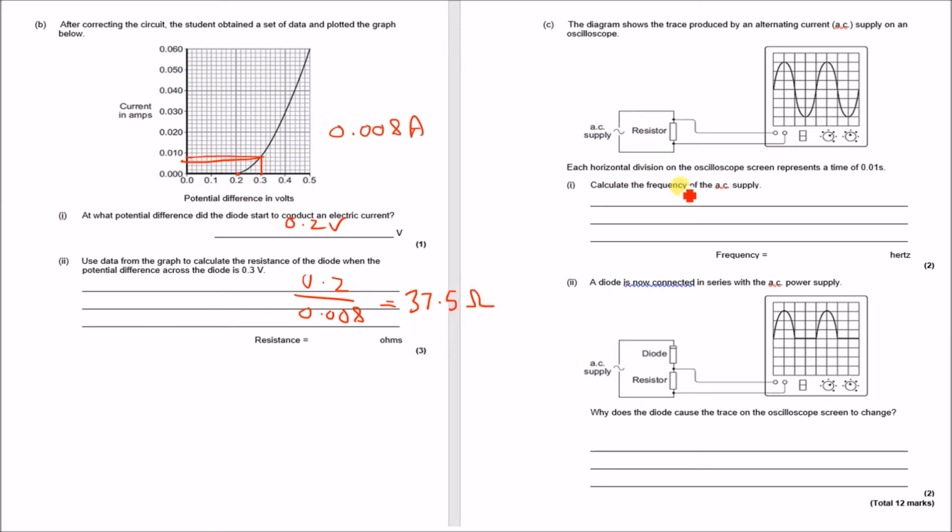Right, so the next question has us calculate the frequency. Each horizontal division of the oscilloscope represents 0.01 seconds. So what does this mean? Well, this is a time period, and the time period is the time it takes for one complete cycle or wave.